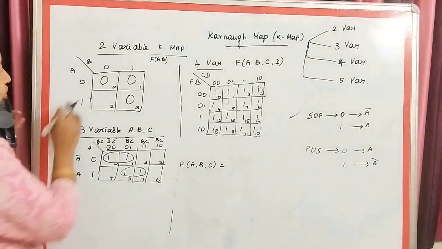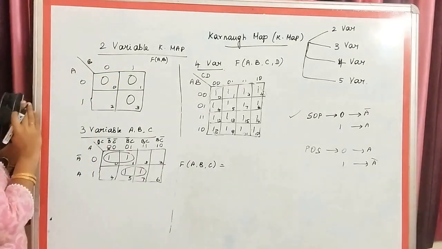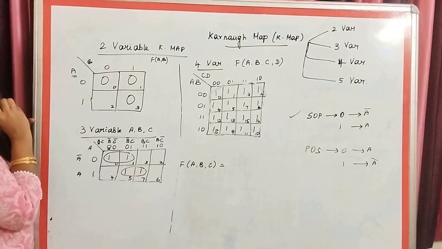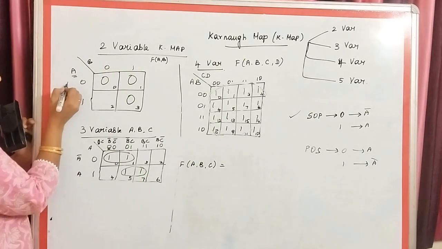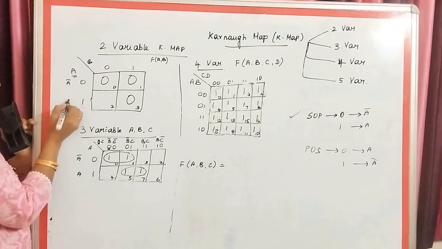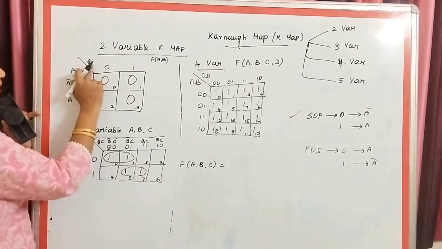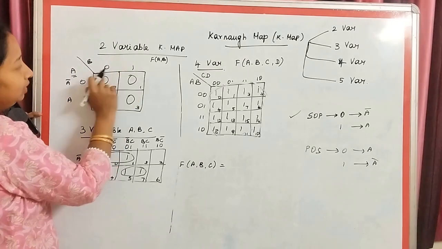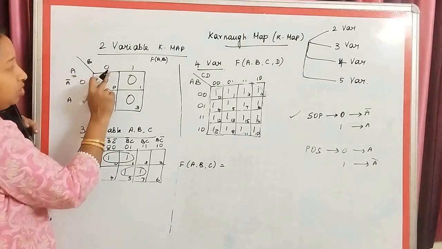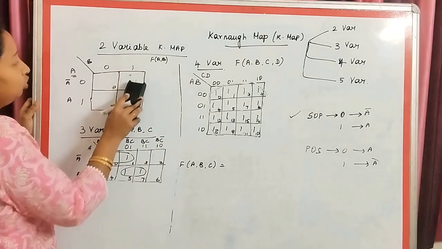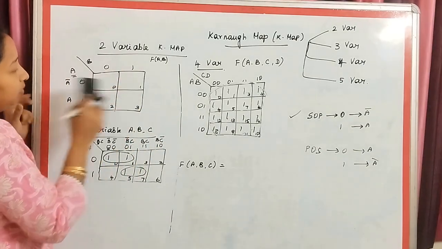Okay, let's do the same for all the variables so that it is easy for you to solve. Here, what is the variable on your left hand side? It is A. So, for 0, you can write it as A bar. And for 1 you can write it as A. Got it? And for B, the two combinations are 0 and 1. Let's solve with SOP first and then let's move on with POS.